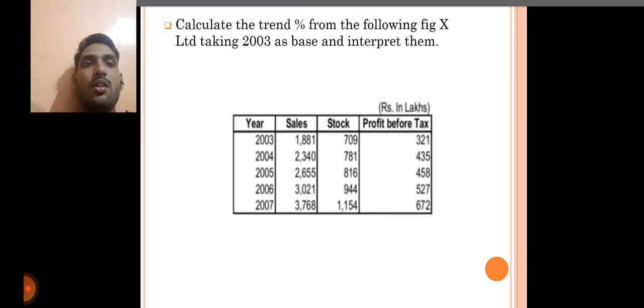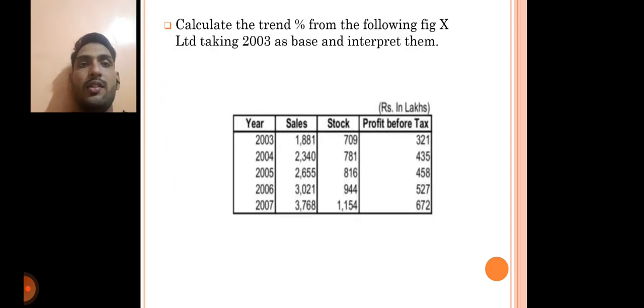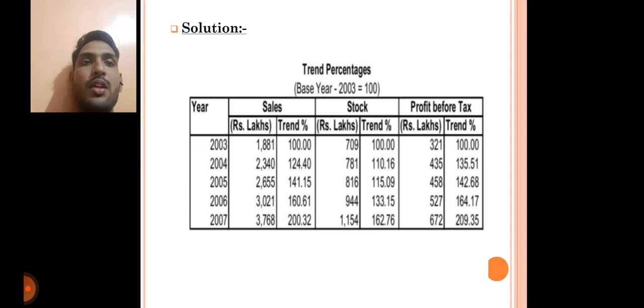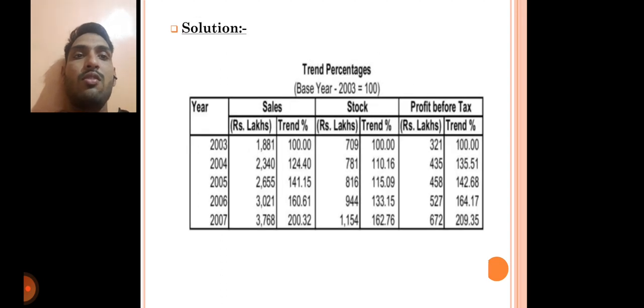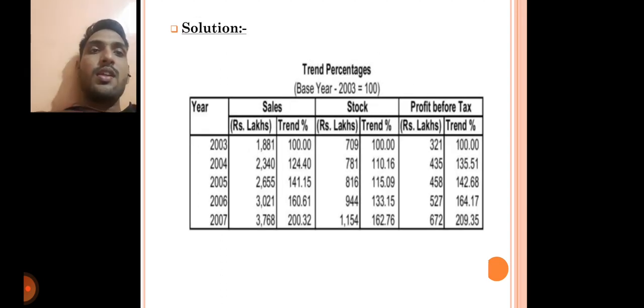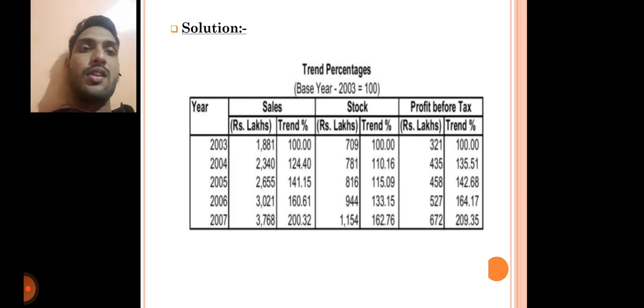It is the example of trend analysis. So the solution is the trend percentage. We are finding the trend percentage in this table. The base year 2003 is equal to 100. So we are calculating the trends: 100%, 124.40%. How much the stocks trends are, we are showing in this table.